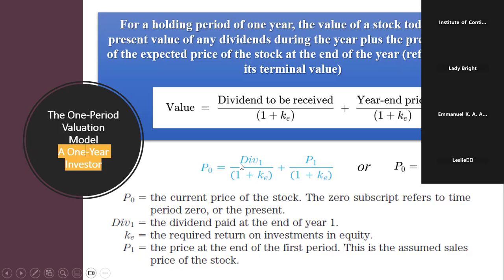You can do D1 over 1 plus K plus P1 over 1 plus K, or you can do P0 is equal to D1 plus P1 over 1 plus K. Any of them works. Please copy the formula.